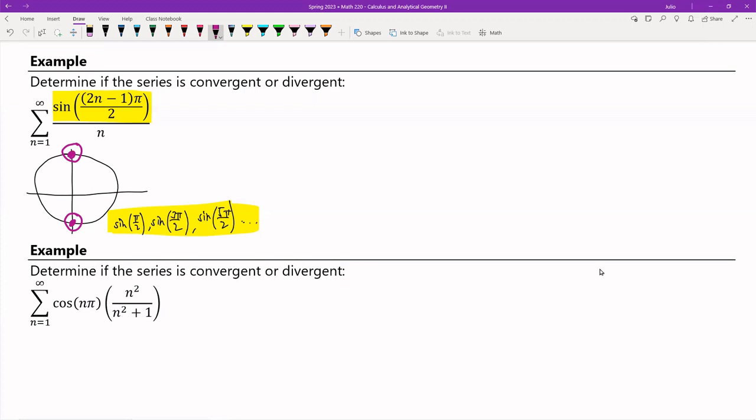So then I'm going to rewrite this, the sum from n equals 1 to infinity, with the sine of (2n minus 1) pi over 2 separated out. This is not entirely required. I'm just rewriting it to separate it away.